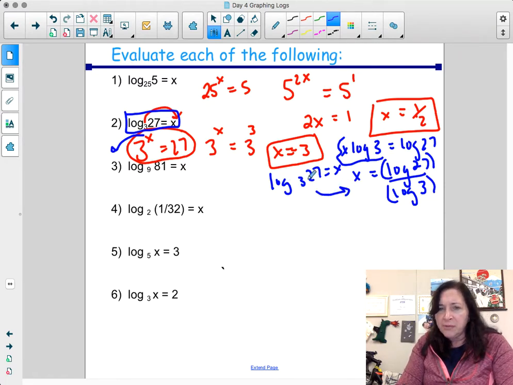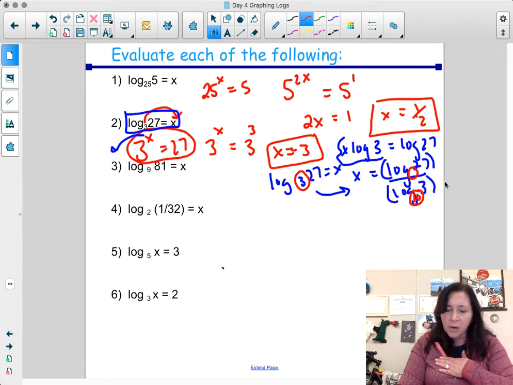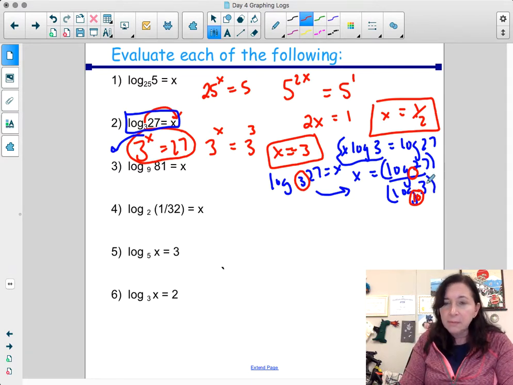Log base 3 of 27 says that's a log of base 10. I said change of base because I just went from base 3 to base 10. And I know you don't see anything there, but when you don't see something there, you know it's base 10, because that's our number system, base 10, 0 to 9 digits. That's why it's base 10. Anyway, we end up getting x equals 3.